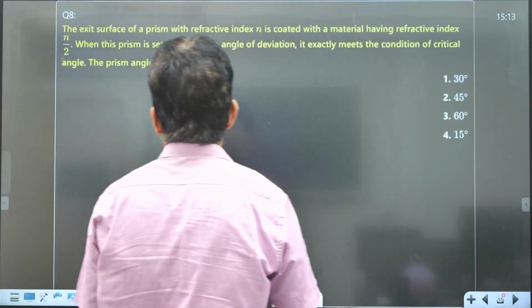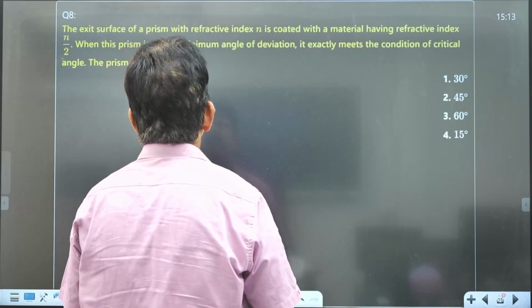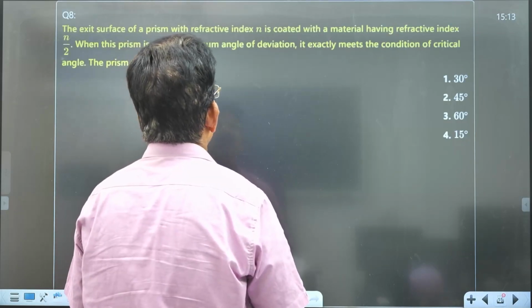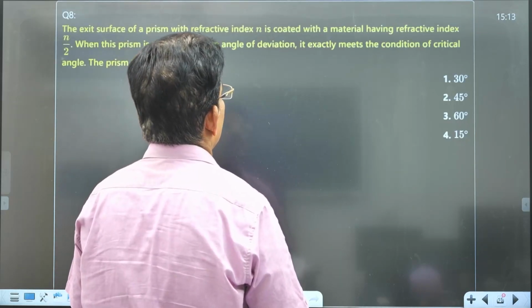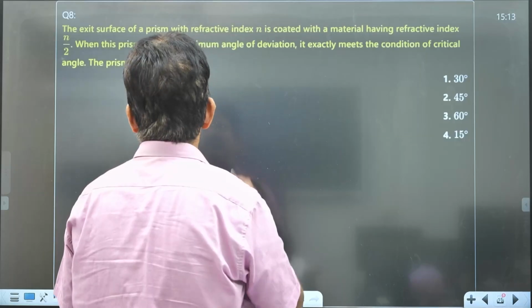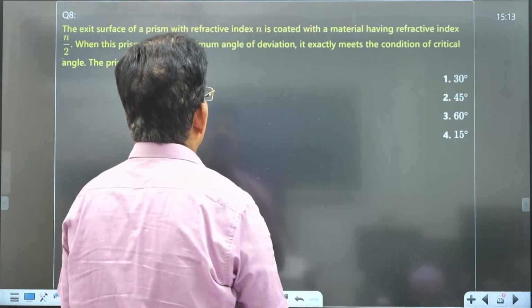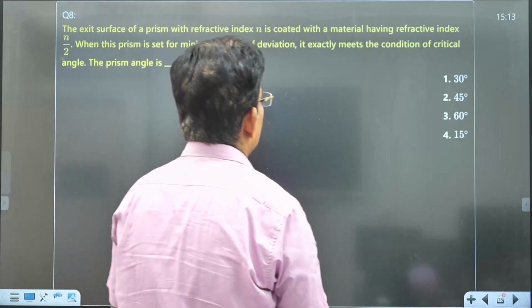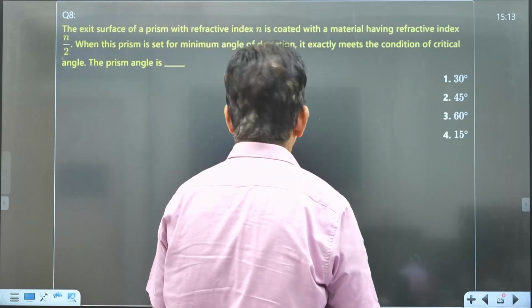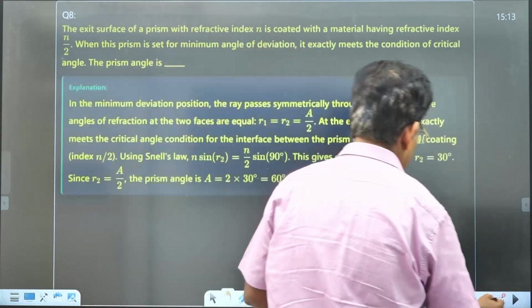The exit surface of a prism of refractive index n is coated with a material having refractive index n by 2. When this prism is set for minimum angle of deviation, exactly it meets the condition for critical angle. Yes.